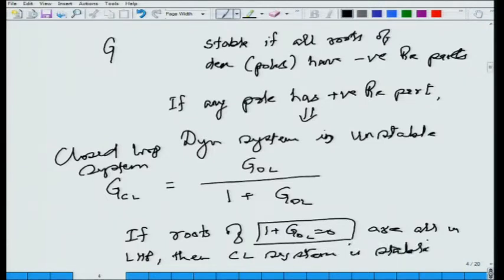If any of the roots of this equation 1 plus g open loop equal to 0 are in the right half plane, even if one of the roots is in the right half plane, then that closed loop system is unstable.